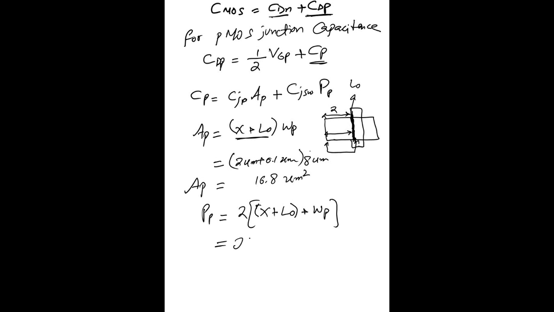If we put the values in this expression, we have 2 micrometer plus 0.1 micrometer, and then 8 micrometer. So this PP is equal to 20.2 micrometer.